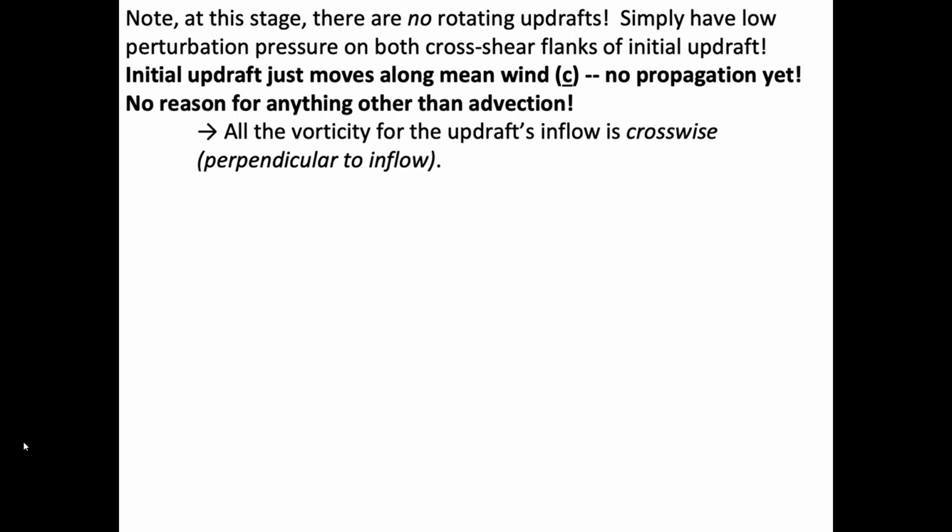And we already talked about, in our particular case, with the unidirectional wind profile, that's all going to be carrying that updraft from west to east. So all of the vorticity for that updraft's inflow is crosswise, perpendicular to the inflow.